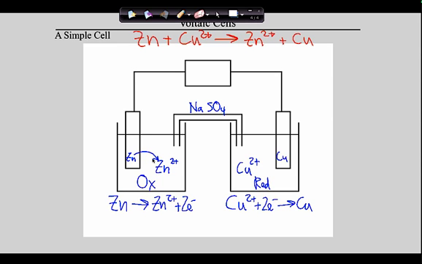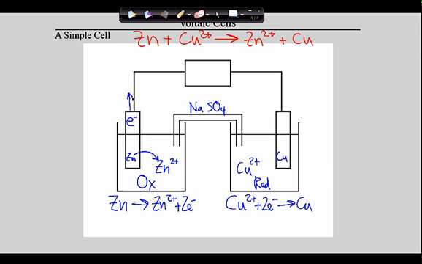Now, as it does, what else is produced in addition to the zinc ion? Electrons. And where do those electrons go? Those electrons go up the wire. That's an E, but not a very good one. So guys, these electrons go up the wire. Now hold that thought and let's go over and look at our other cell.